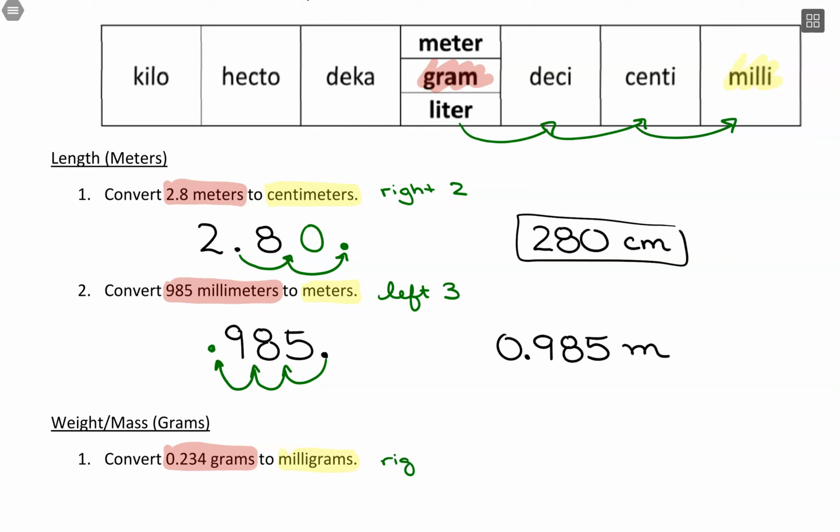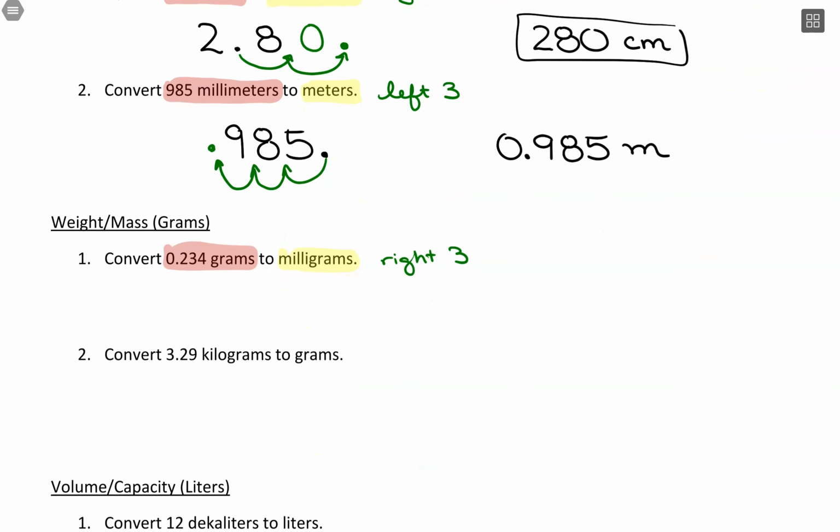So I'm going right 3. If I grab my 0.234 and go right 3, so 1, 2, 3, that means I'm going to drop that 0 out front because this is really just 234. And now we have milligrams.